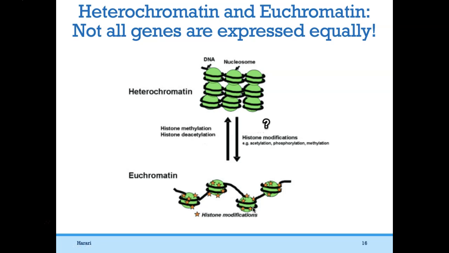Remember that would space the chromatin out, or you would have to demethylate, right? Remove all of the methylation. And to go from euchromatin back to heterochromatin, you would have to remove all the acetyl groups. You'd have to do deacetylation, and then you would methylate all the histones instead, and that would tighten them up.